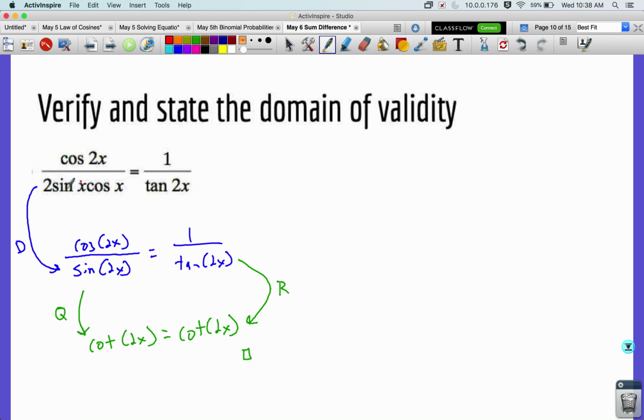Let's go back through. So I've got sine and cosine. That's opposite over hypotenuse. That's adjacent over hypotenuse. They're both in the denominator. So I've already got both in the denominator. So we're going to have to say x cannot equal, I think, n pi over 2, where n is an element of the integers.